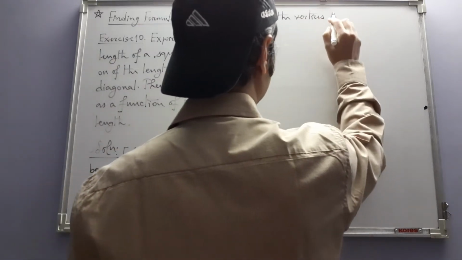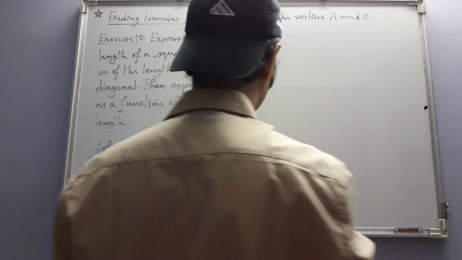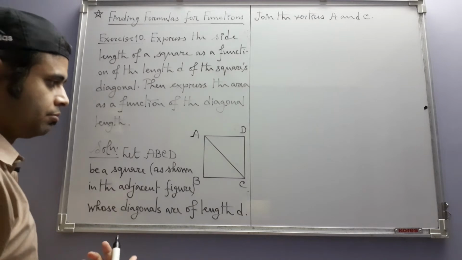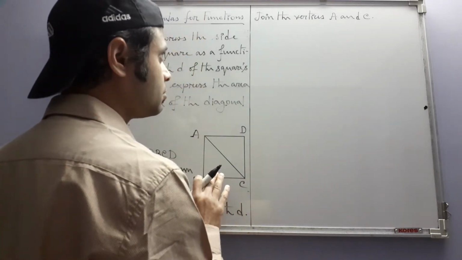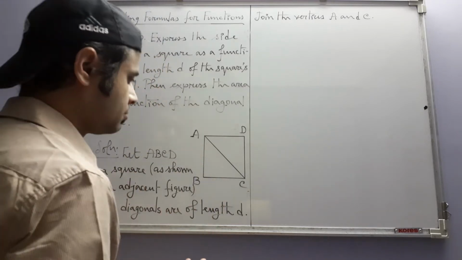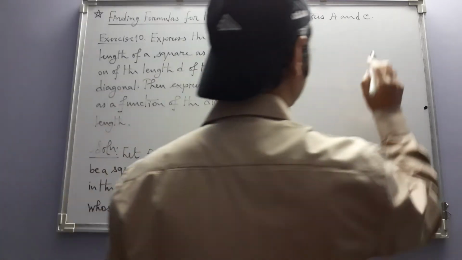Join the vertices A and C so that we get the diagonal AC. Okay, now for the sake of our calculation, we are going to give some name to the side length of the square.